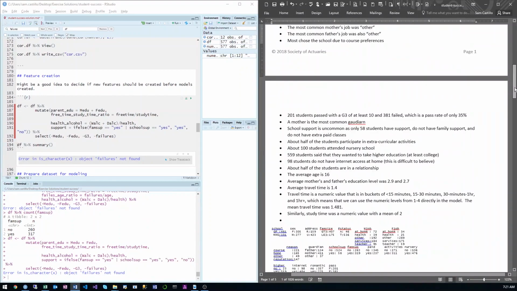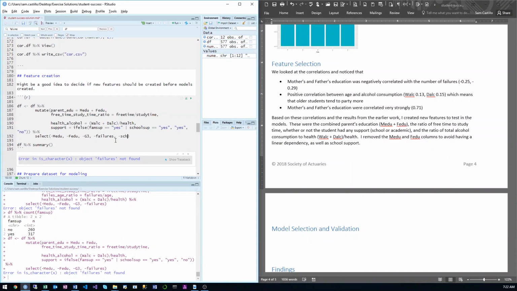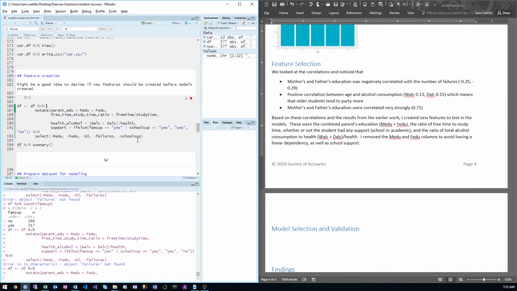All right, now I need to revise what I said. The variable indicates whether or not the student had any support. I'm also going to remove school support just so that there's no linear dependency between the support column and the family support and school support columns. Okay.